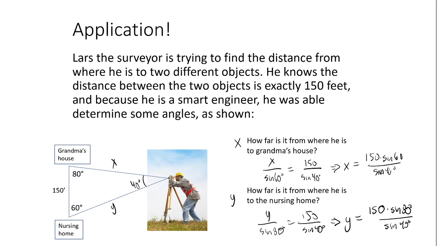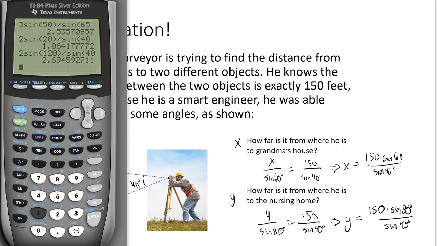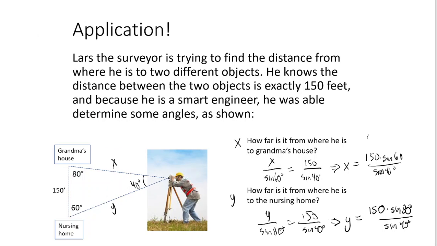All right, and if we use the calculator real quick, 150 times the sine of 60 divided by the sine of 40 is 202.1 feet.